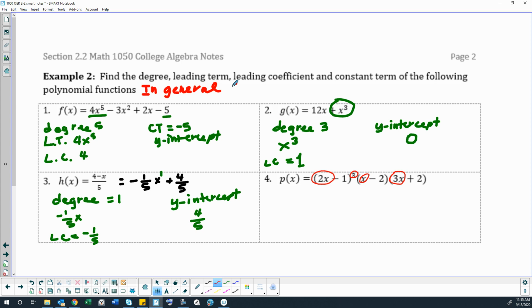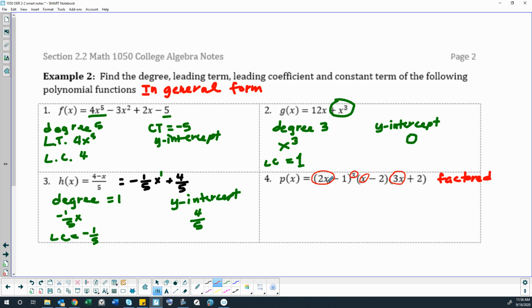Okay, so this is in factored form. So in order for us to figure out the first and the last term, because that's all we need is the first term and the constant term. We don't need to know the terms in the middle for the instructions for this particular problem.